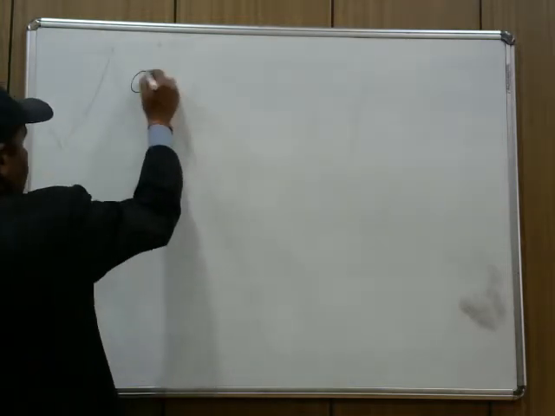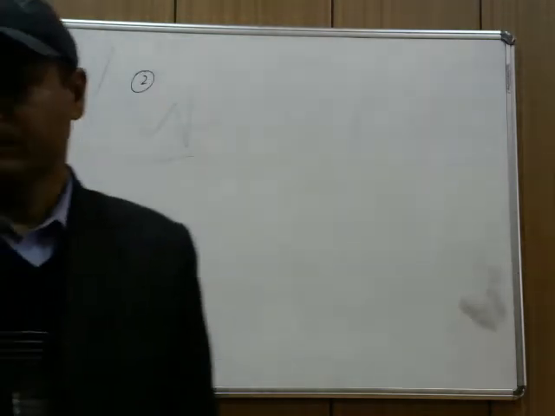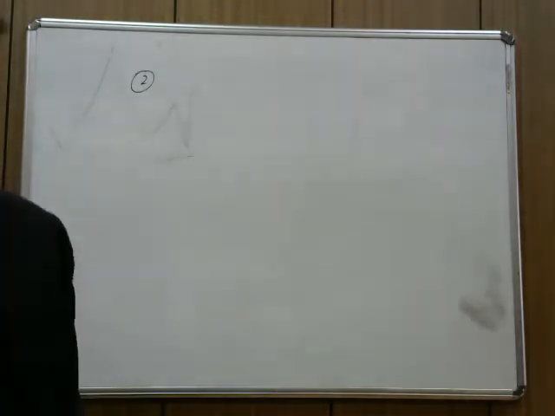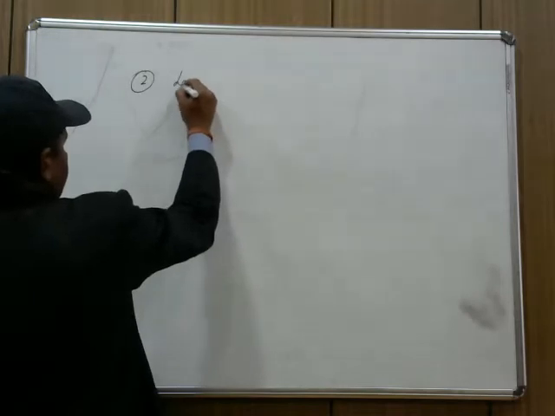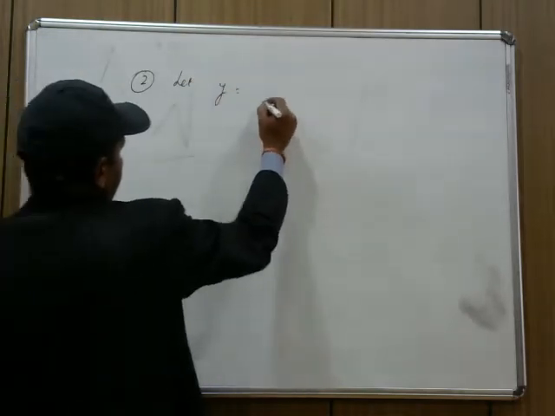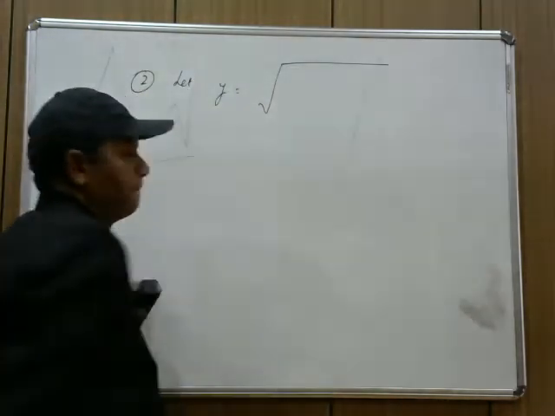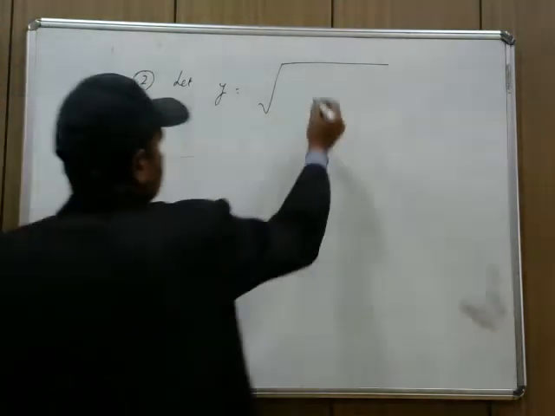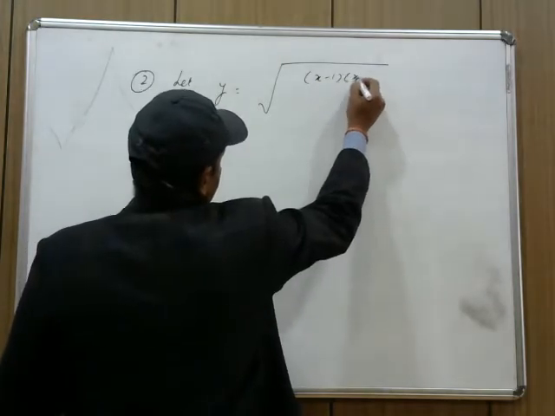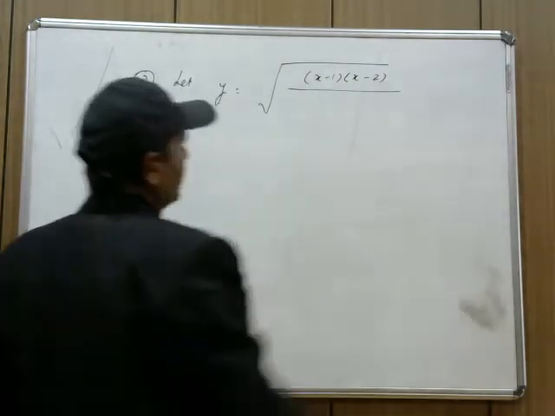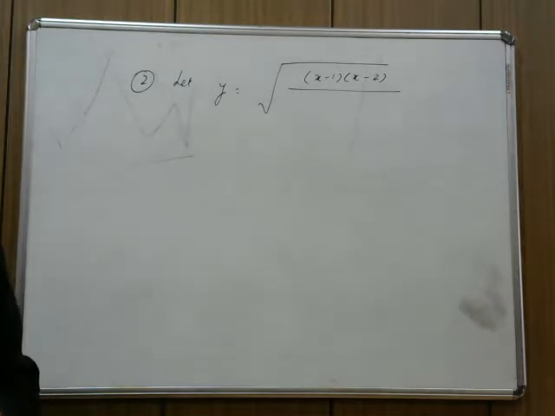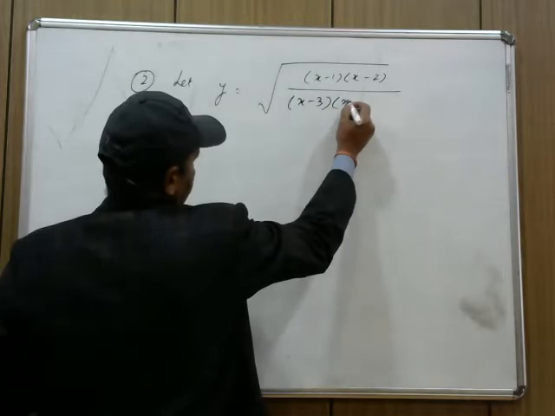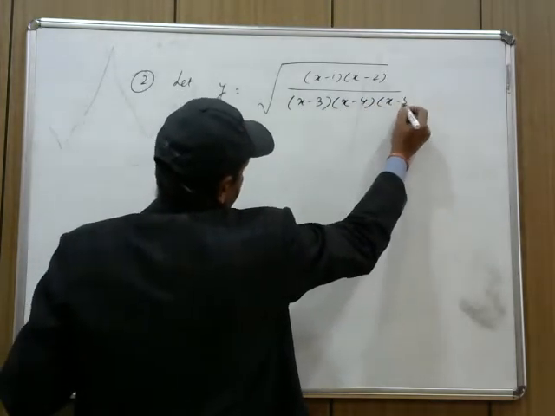The second question is find the differentiation of y. Let y is equal to under root of x minus 1, x minus 2, whole divided by x minus 3, x minus 4, x minus 5.